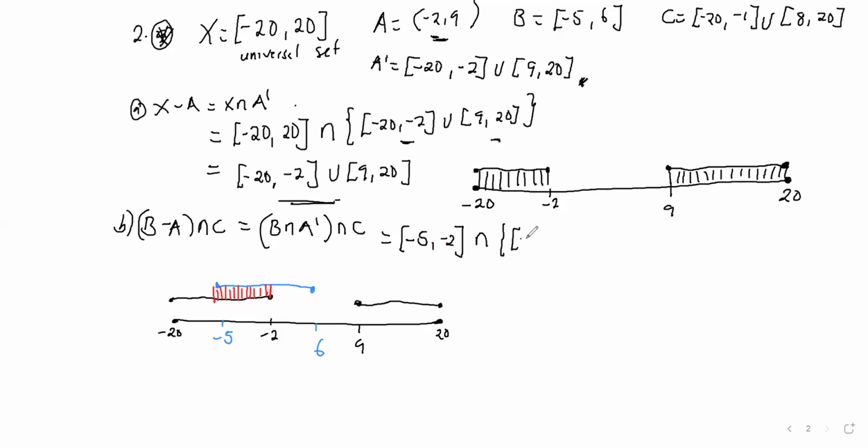C is -20 to -1 union 8 to 20. So again, I'm looking for the intersection. So let's go on the number line. I'll do another one. Yeah, so this is -20 to -1.